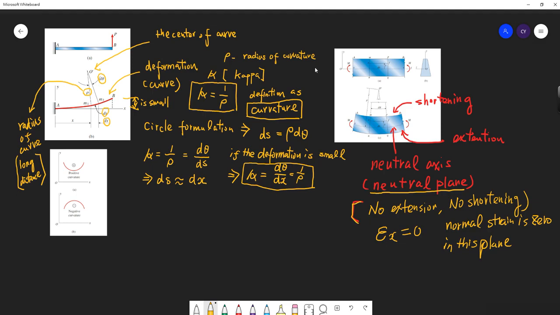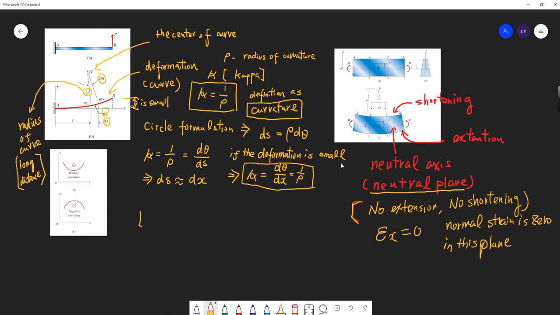So let's go on. In this case, we have a definition of this axis. What is this axis? And we need to define the length.